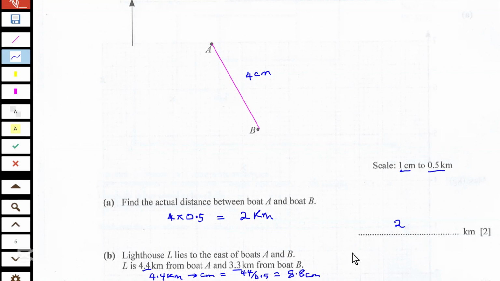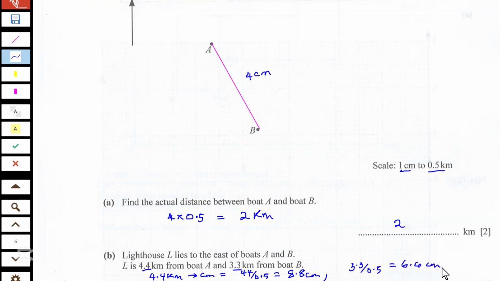We also have to convert 3.3 kilometers, by dividing 3.3 by 0.5, which gives us 6.6 centimeters.